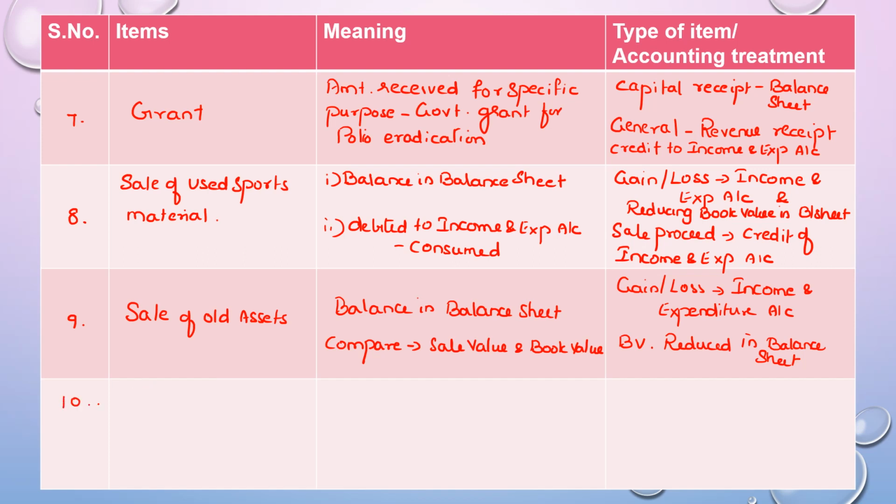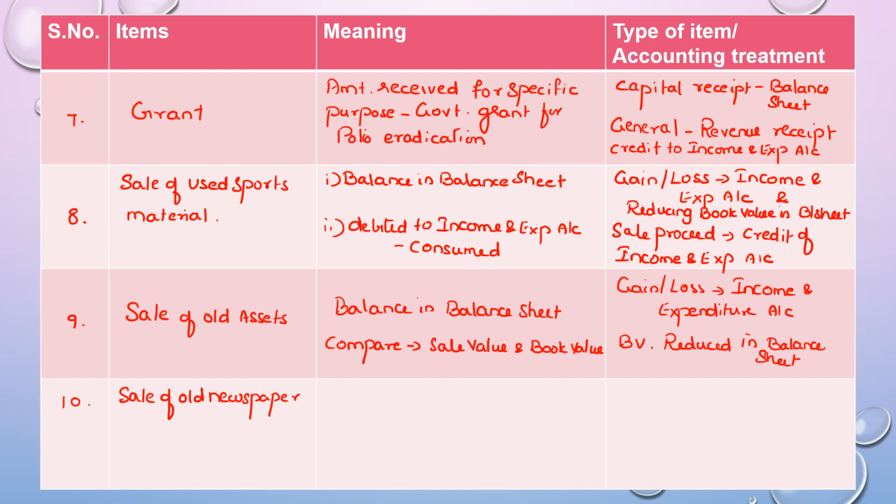Finally, there are certain other miscellaneous items that you could find, like sale of old newspapers. Now, being a club or an organization which is providing service to members, people will be coming on everyday basis to avail the services.